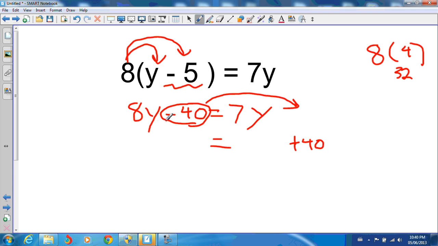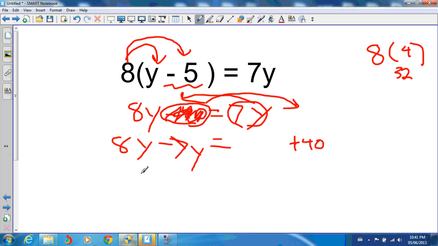Okay, so he's gone from this side because we shifted him. You've still got this 7y over here though, don't we? So we don't want this positive 7y on this side. We want to bring it over to the other side. So I'm going to shift him to this side to be with his y friends. So we've got 8y. When we shift this positive 7y over, it becomes negative 7y.